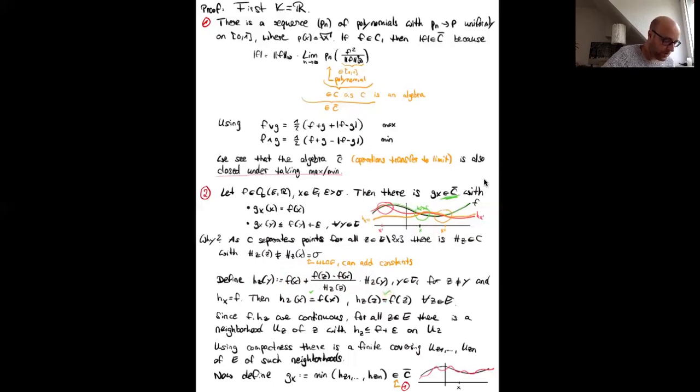So now, what does it mean? So this means that this function, let's take this picture, suppose this is z, then we know we have some function which takes the value of the function f in z, and it takes the value of f in x.